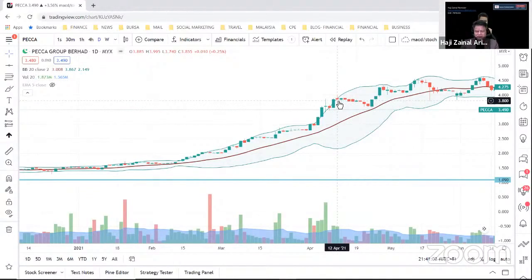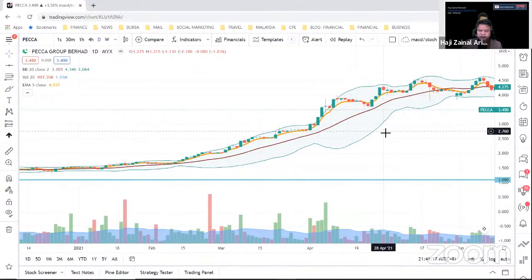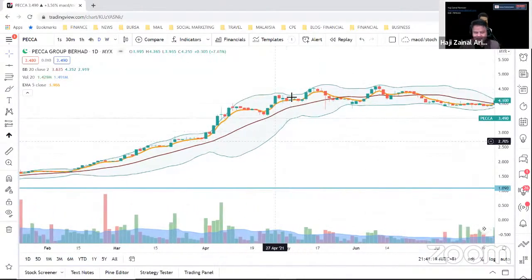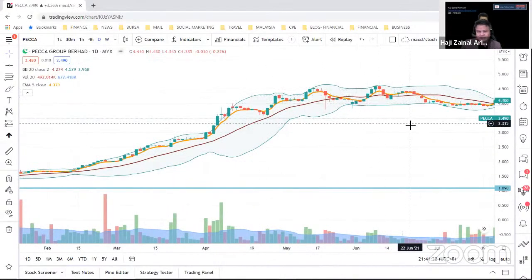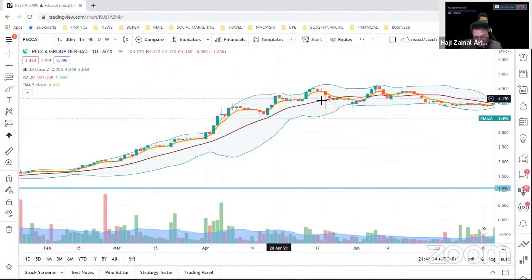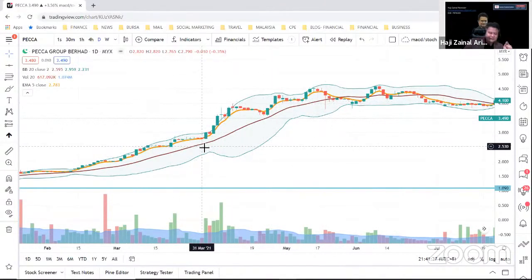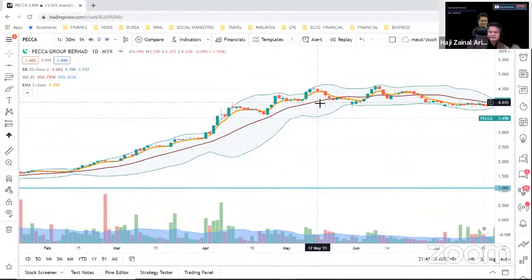But if you are a medium-term trader, yes, you still hold the position because the price is still above the 20 days moving average. That is why I always use this 5 days moving average as a filter. As long as the 5 days moving average is above the 20 days, we know that it is still an uptrend. When it starts to come down, then you know that the trend is over.